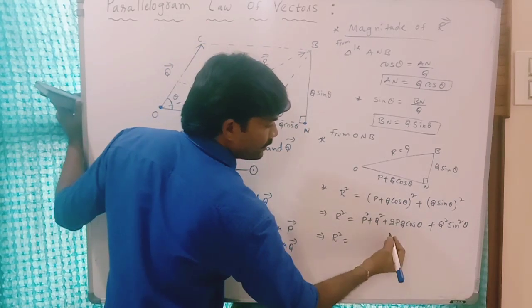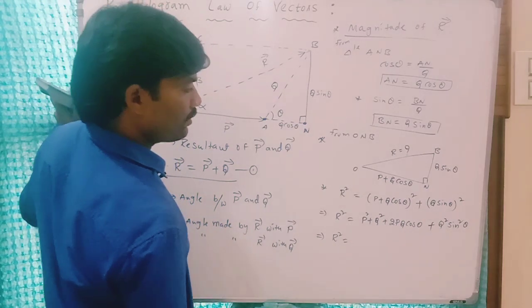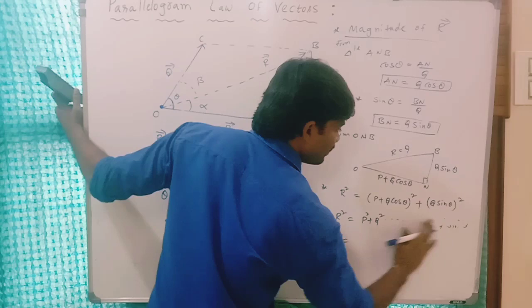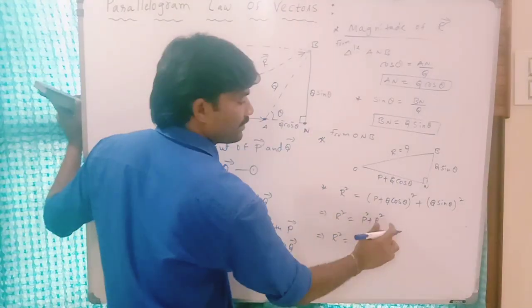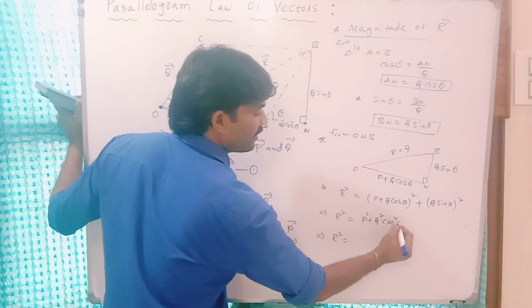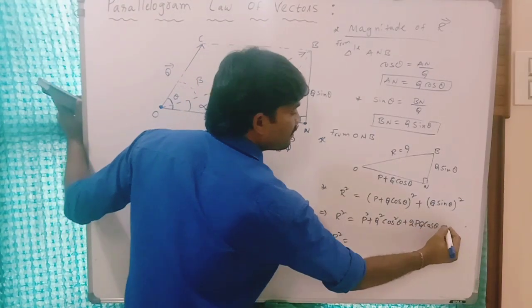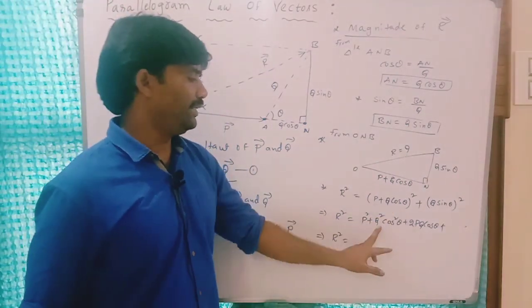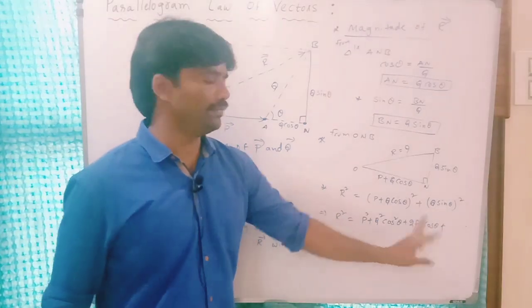So from these two terms, you can see here what is P square. Here a square is this, b square is Q square cos square theta, and 2PQ cos theta. Clear? a square and b square plus 2ab.